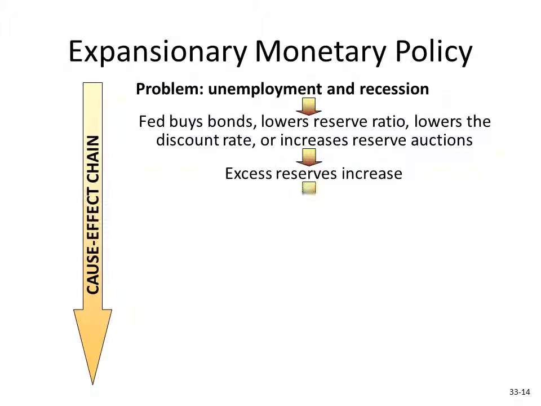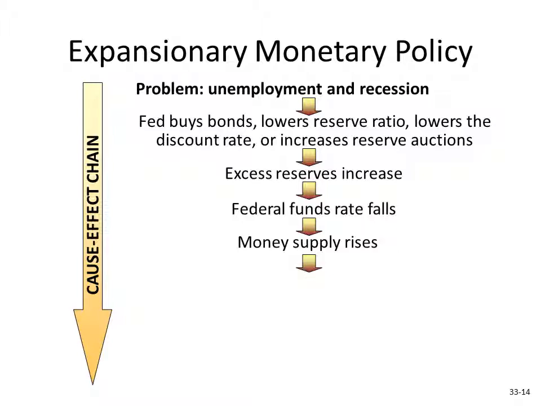All of these are going to have the same exact impact. If the Fed buys bonds, lowers the reserve ratio, lowers the discount rate, or increases reserve auctions, they would all increase the amount of excess reserves that banks hold. This brings down the Fed funds rate, which in turn increases the supply of money. Supply of money increases, which brings down interest rates.